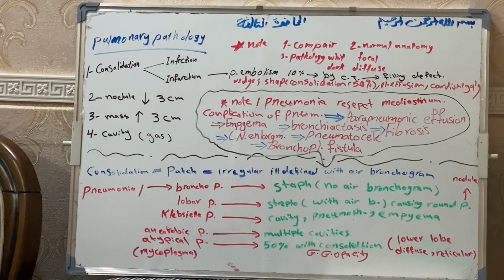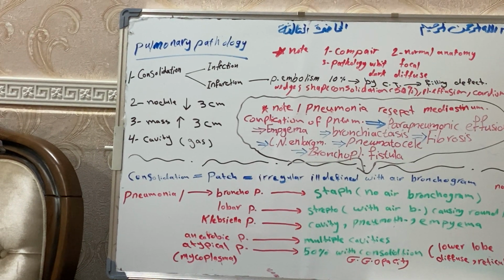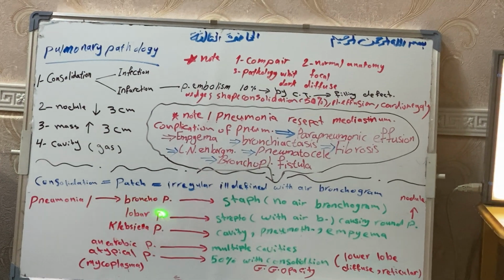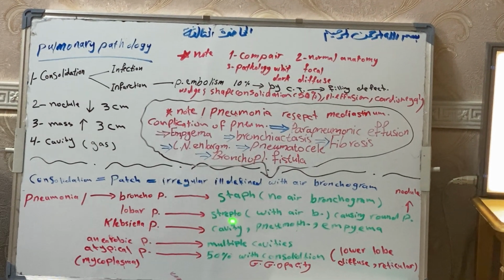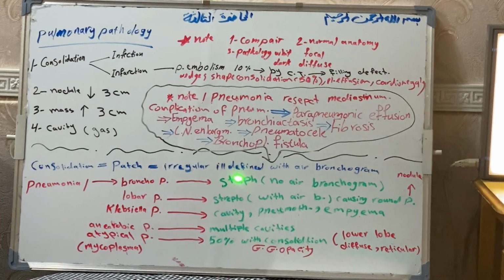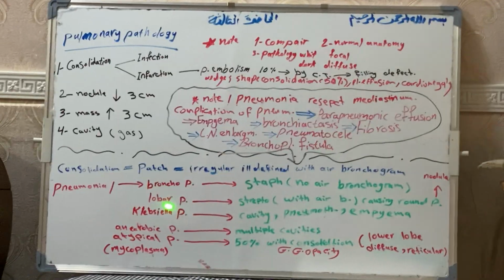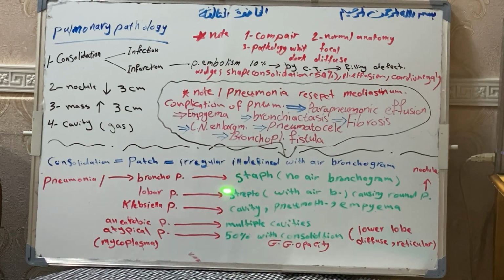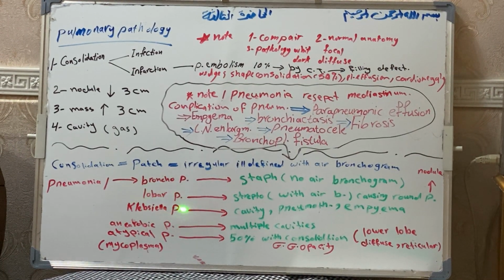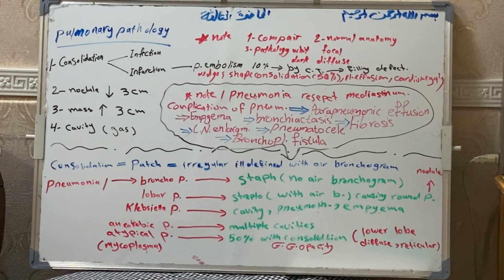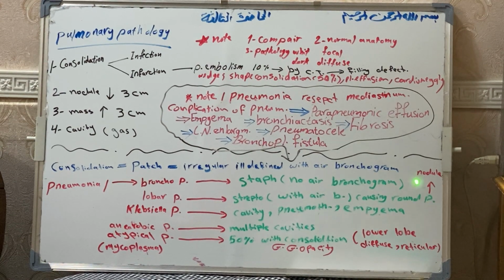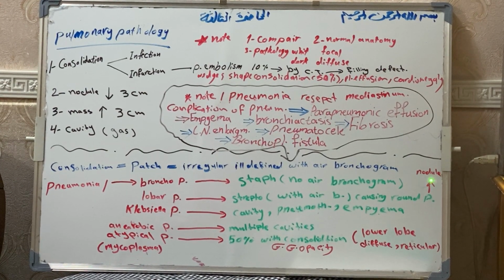Lobar pneumonia is large, not multiple, and most of the time focal, so it is strep. So strep is with lobar pneumonia and staph is with broncho. Broncho is caused by staph, lobar pneumonia is caused by strep. Lobar pneumonia can also cause round pneumonia, which appears as a nodule.